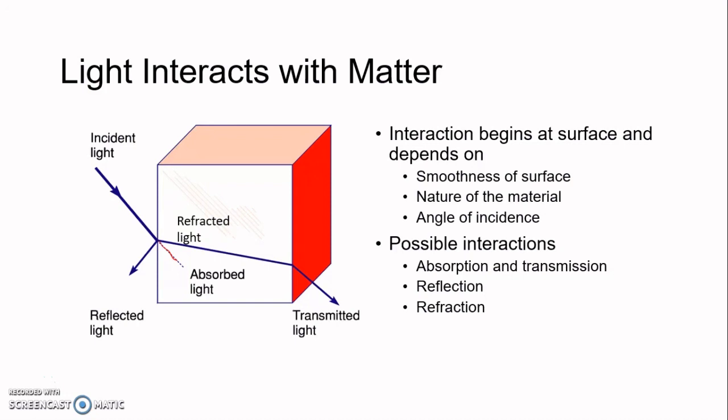Another option is it could be transmitted, so absorption and transmission are related. It can be reflected, in other words, the light comes in and then just bounces off that surface, or it can be refracted, and by refracted we mean it enters into the surface but at a different angle. And all of these we'll cover a little bit more through the chapter.